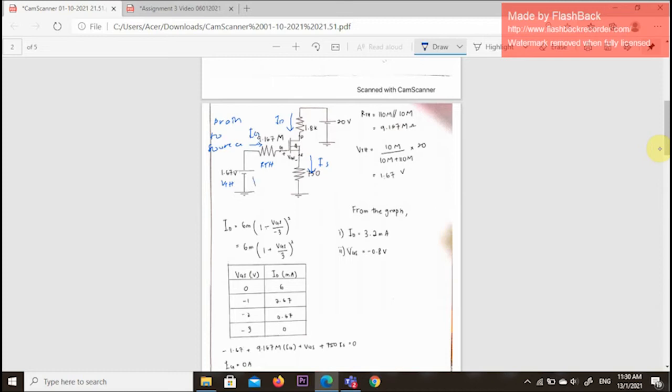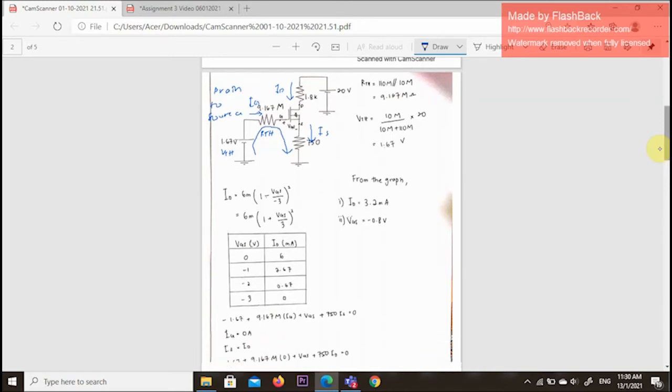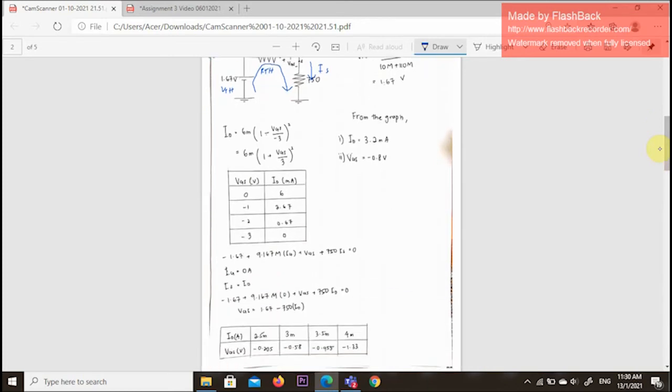So we apply KVL at this loop. We get negative 1.67 plus 9.167 mega times IG plus VGS plus IS times 750, which is the equation that we get. IG is equal to 0, IS is equal to ID.